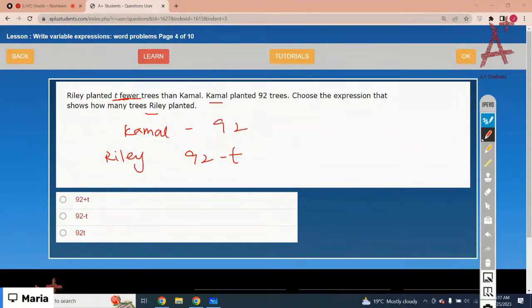That means Relay planted 92 minus T trees. Got it? So the correct option is 92 minus T.